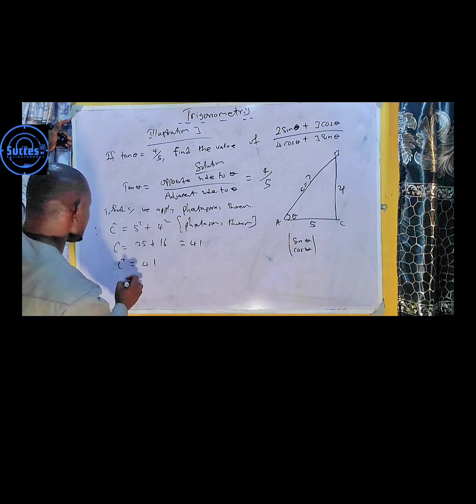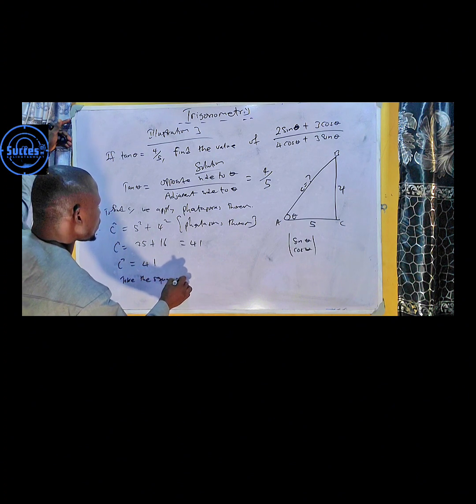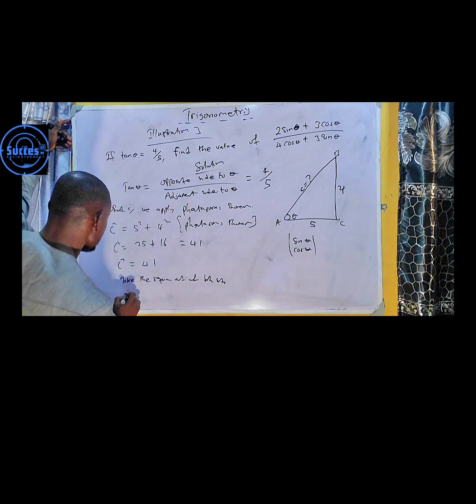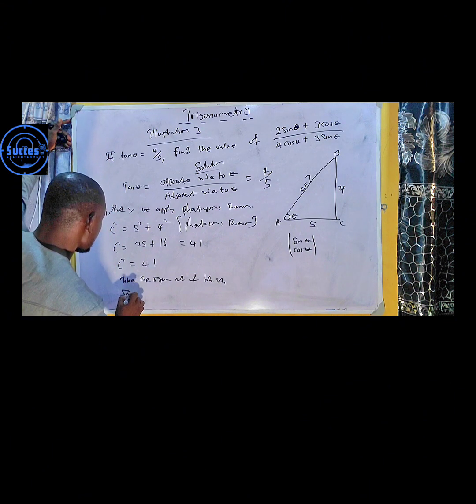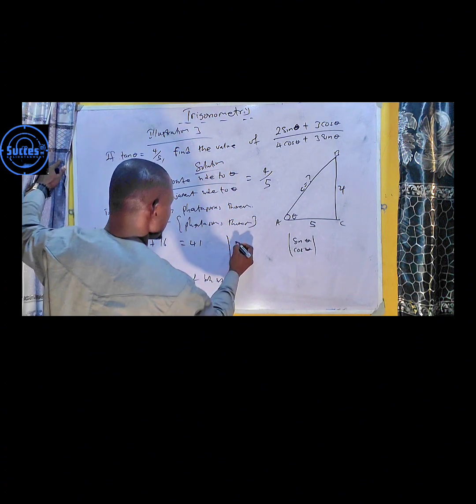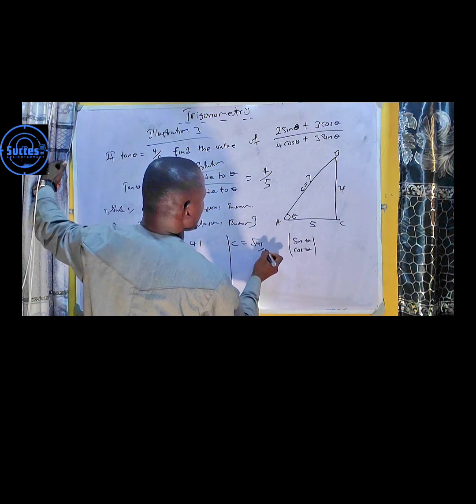Now you take the square root of both sides. So c square, take the square root of it. Square root of 41. Therefore your c equals the square root of 41.